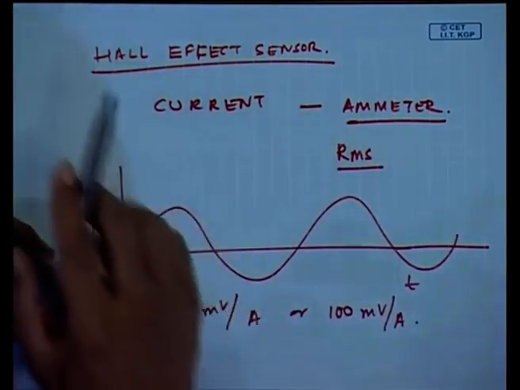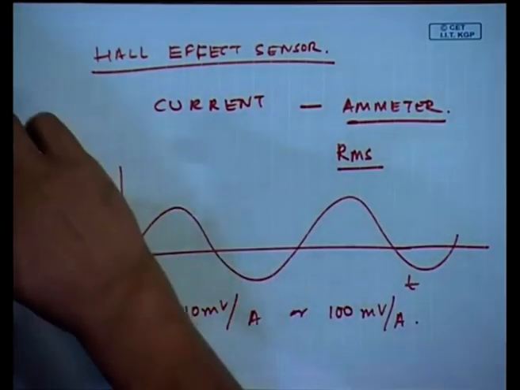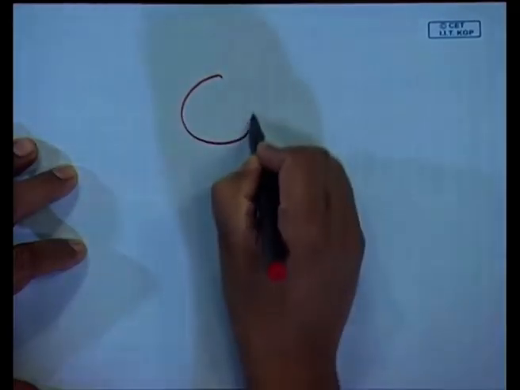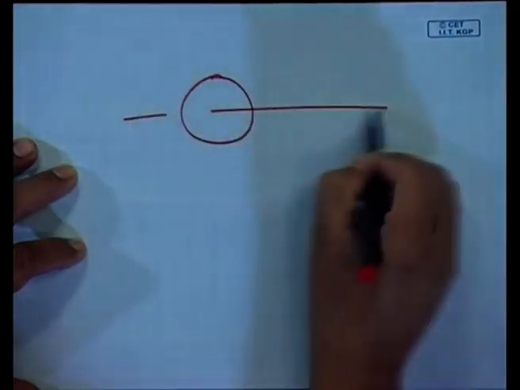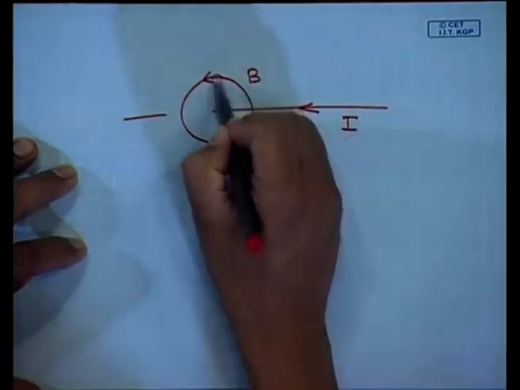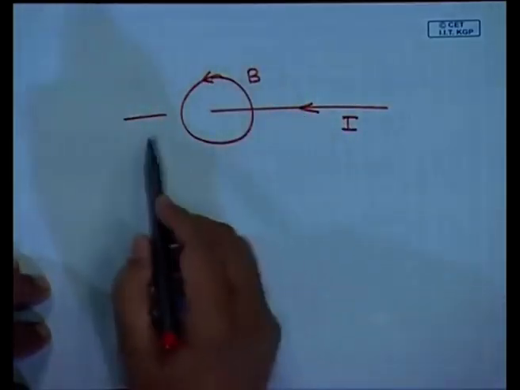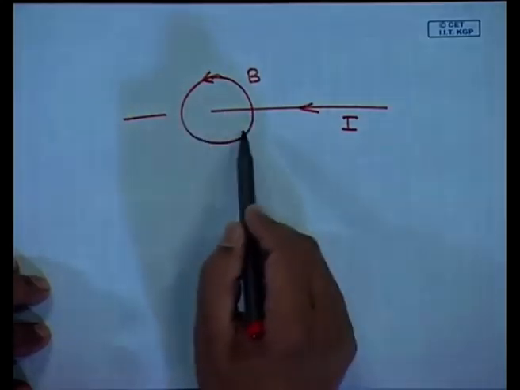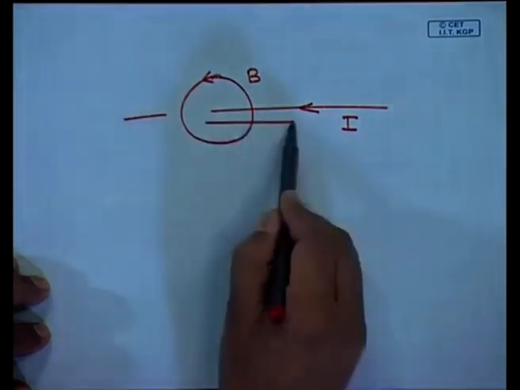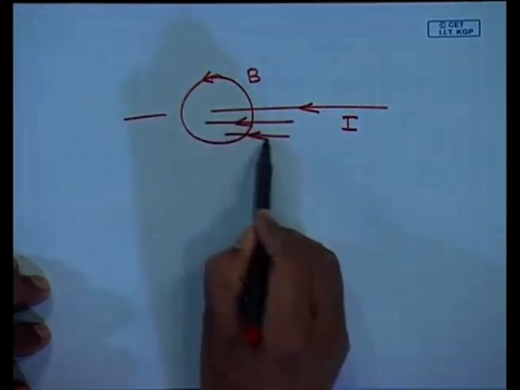Okay. I can increase the sensitivity of this by, instead of one cable, let me suppose this is the ring and I produce a current carrying, and there is a certain magnetic field which is going around. To increase the sensitivity or output of this system, I could put in a few more current carrying conductors.